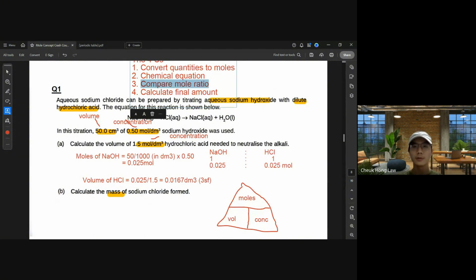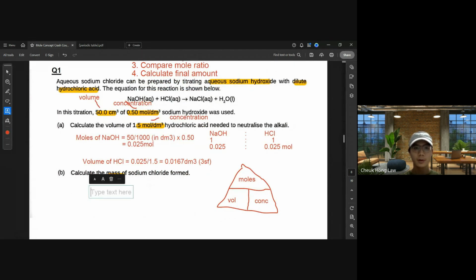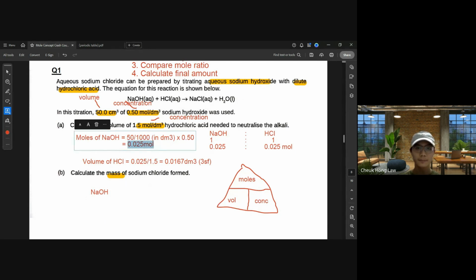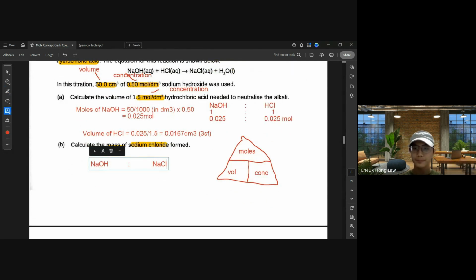Compare the mole ratio. So now this time we need to understand which mole ratio to compare to. First one is definitely NaOH, because it's the first thing that we found the number of moles of. Then I'm going to compare it with sodium chloride. Why sodium chloride? Because they want us to calculate the mass of sodium chloride formed.